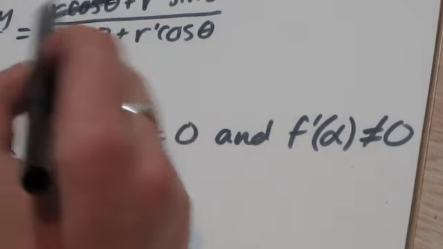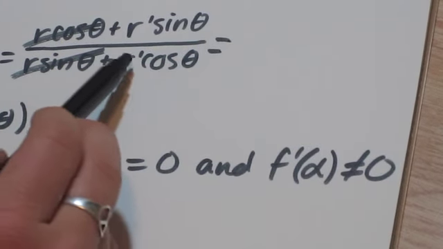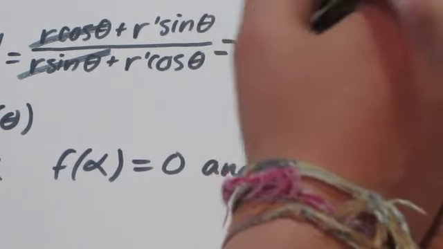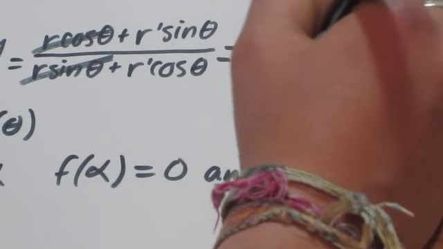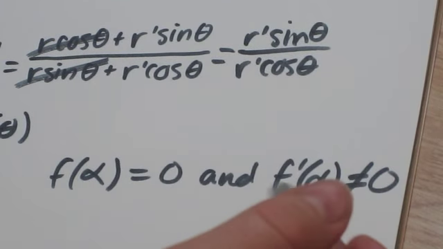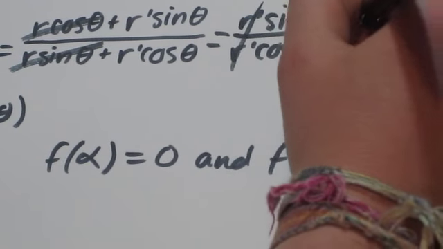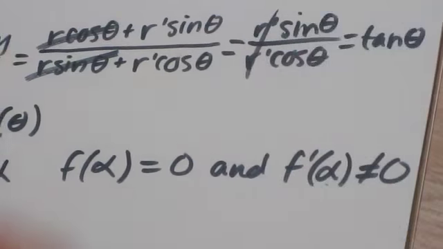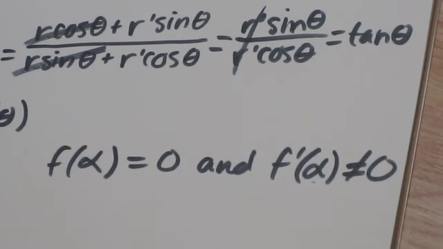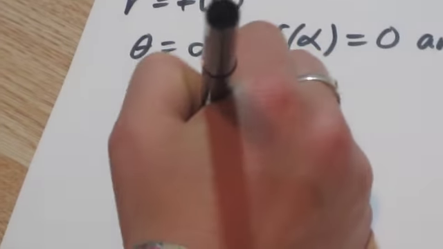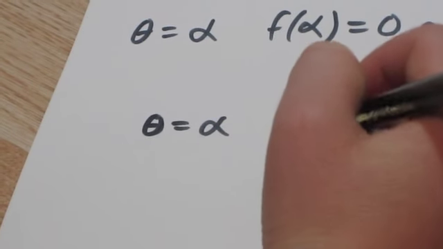Because r equals 0, so we cross these out, and so that equals r prime sine theta over r prime cosine theta. And as long as f prime of alpha is not equal to 0, r prime is not equal to 0, we can cross those out, and that equals tangent theta. So, therefore, because dy over dx equals tangent theta, the line theta equals alpha is tangent to the graph at the pole.